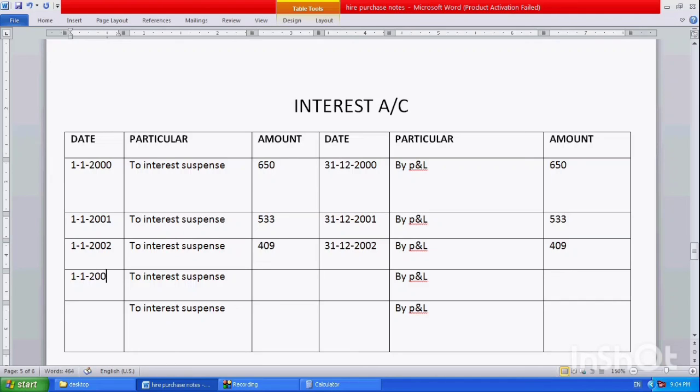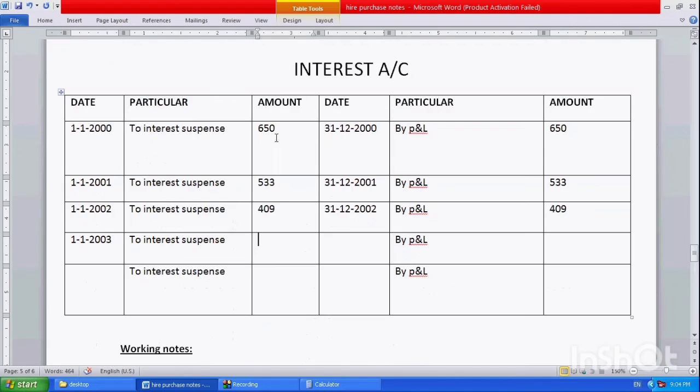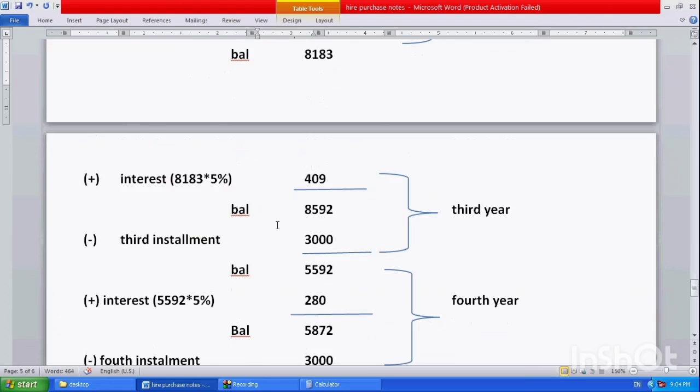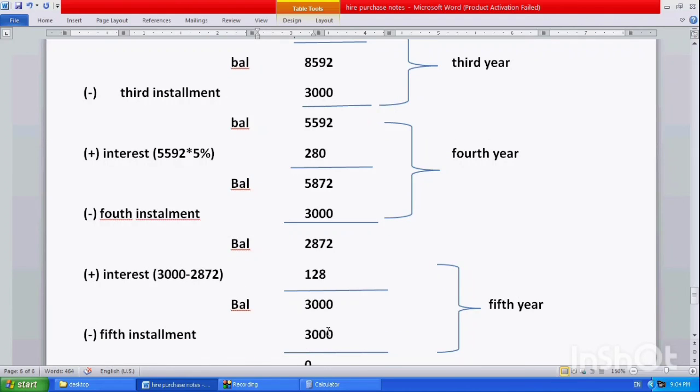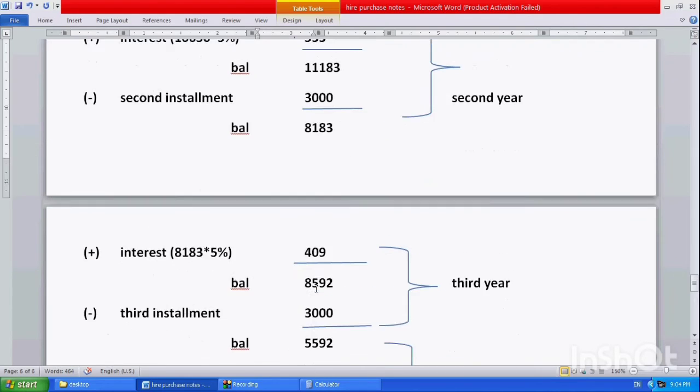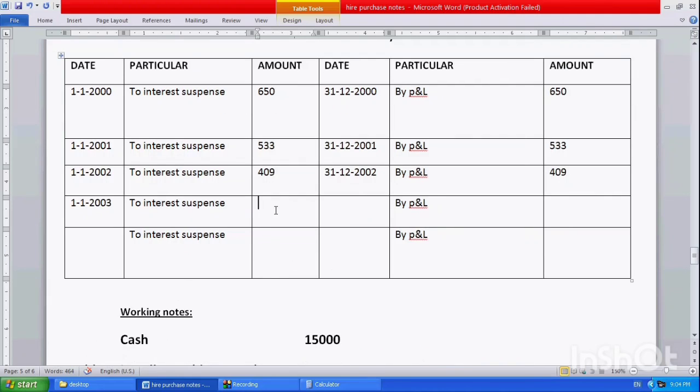1st January 2003, interest suspense account. Okay, this is 1st January 2003, 280, to interest suspense account, and 31st December 2003, by P&L 280 rupees.